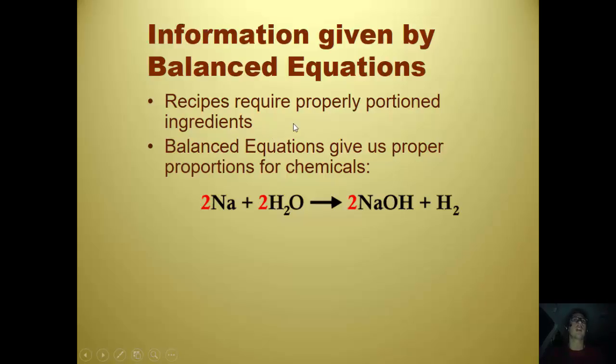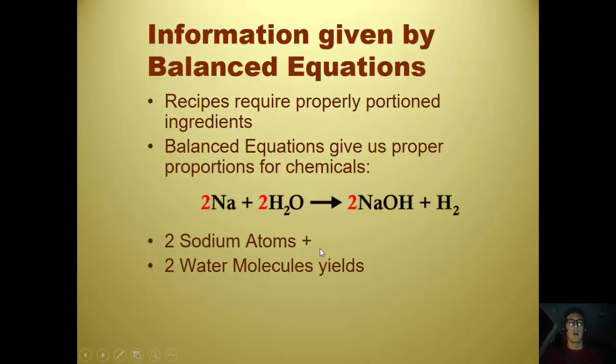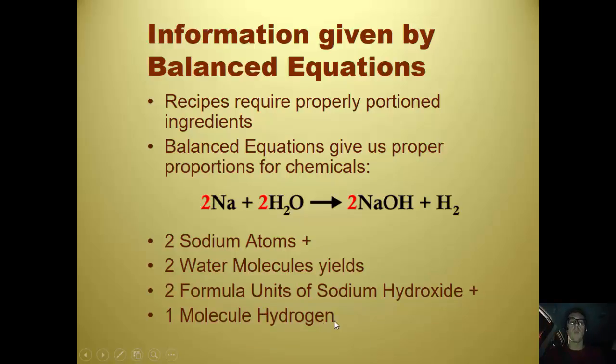If you put a whole bunch of chocolate chips, that might ruin your whole recipe. And really, balanced equations are just recipes for chemical reactions. What this means really is 2 sodium atoms plus 2 water molecules yields 2 formula units of sodium hydroxide and 1 molecule of hydrogen.